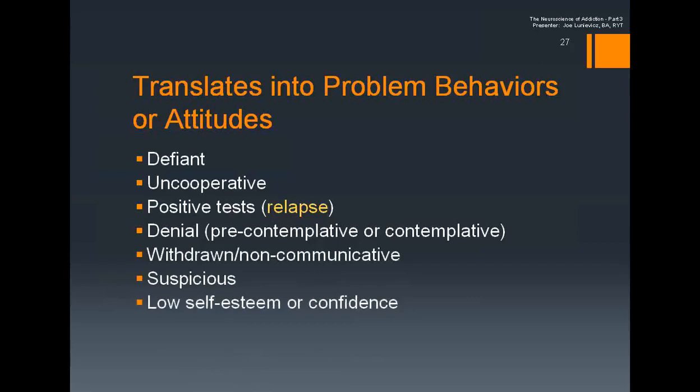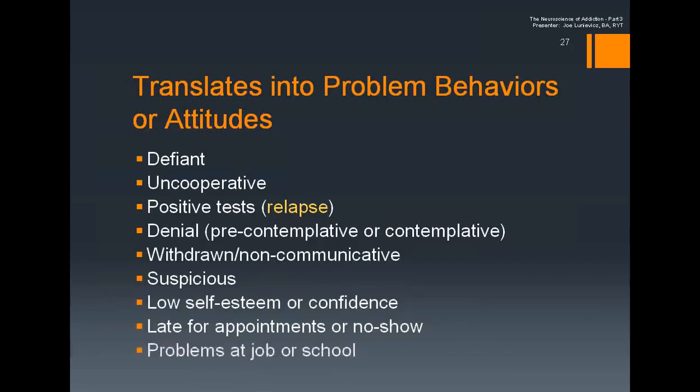They may have low self-esteem or confidence. They may be late for appointments and no-shows, just as you've said. There may be problems at their job or at school. And, of course, we'll see more or less of these depending upon the level of addiction, how long they've been using, what the drug was that they were using, genetic vulnerability, and, of course, the environment that they're in, the level of intensity of treatment. So that's what it translates into.